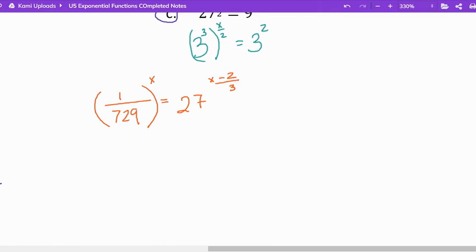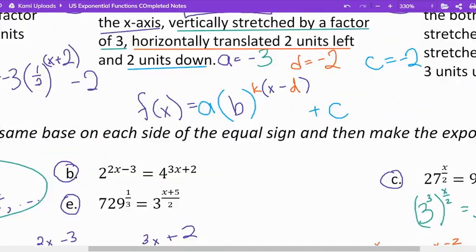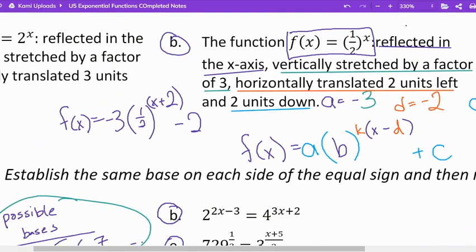With this type of activity, what you'll see is the more you practice, the sooner you'll know which base you're looking for. Any guesses which base we're looking for? 3. Why is it definitely not a 2? It's not an even number. Why is it definitely not a 5?